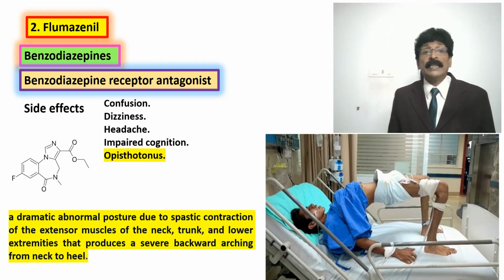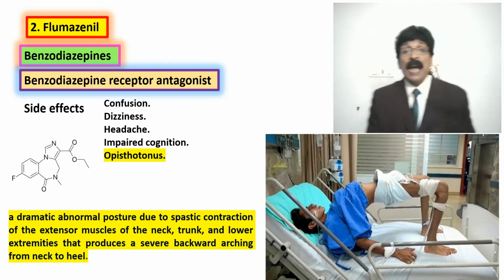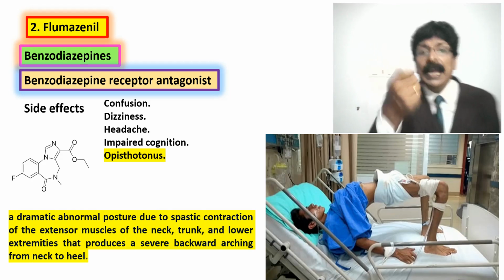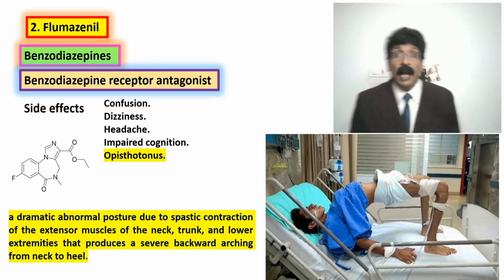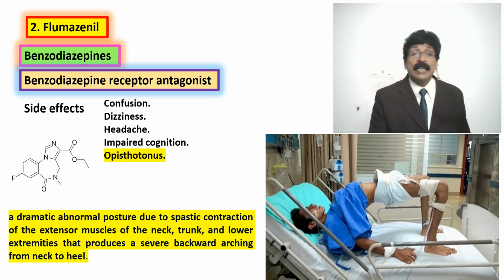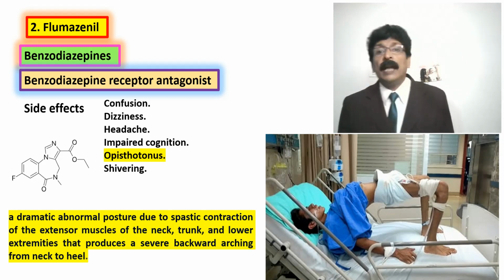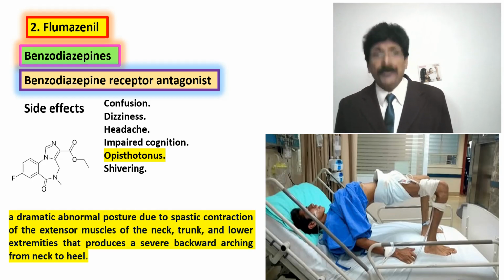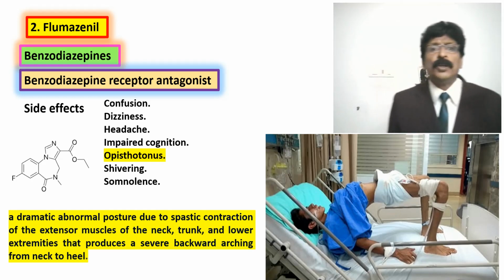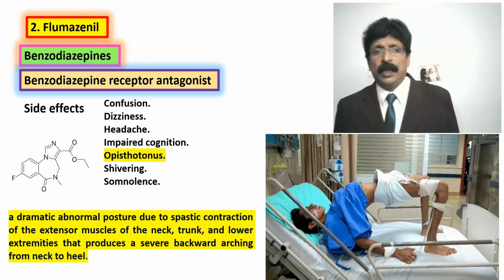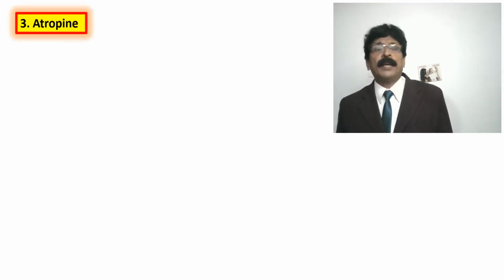A dramatic abnormal posture, you can see that due to the spastic contraction of the extensor muscles of the neck, trunk and the lower extremities, that is legs, that produces severe back arcing from the neck to heel as shown in the picture. Shivering may occur. Somnolence, sleep, dream sleep can also be obtained.